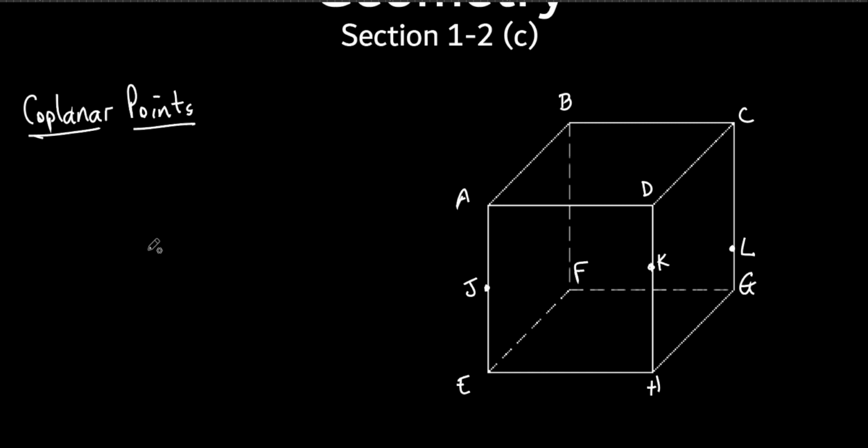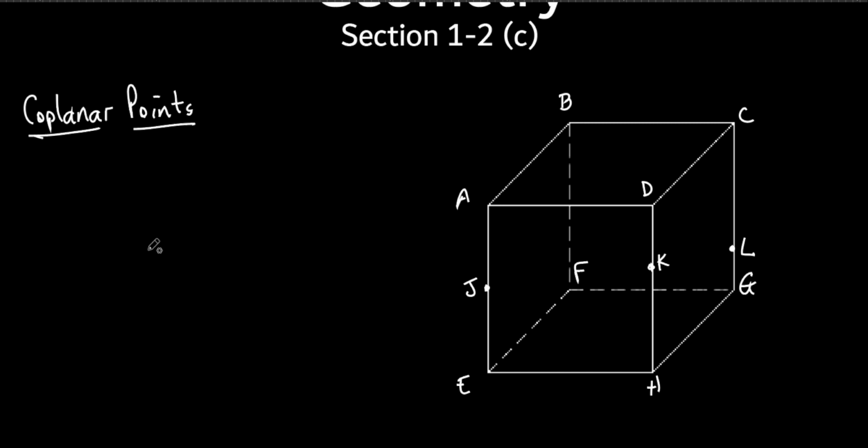Okay, what if I had a point here, here, here, and then one out here like this? Then they're non-coplanar, correct? Then all of those points are non-coplanar. So if I have points in the same plane, they're called coplanar points. Co means with, all right? It means they're within the same plane, all right? Everybody with me on that?